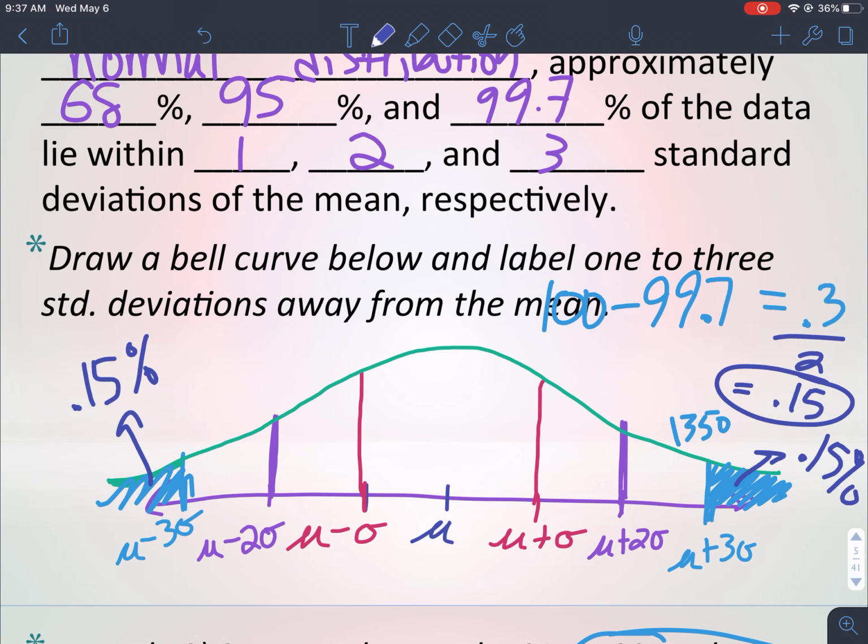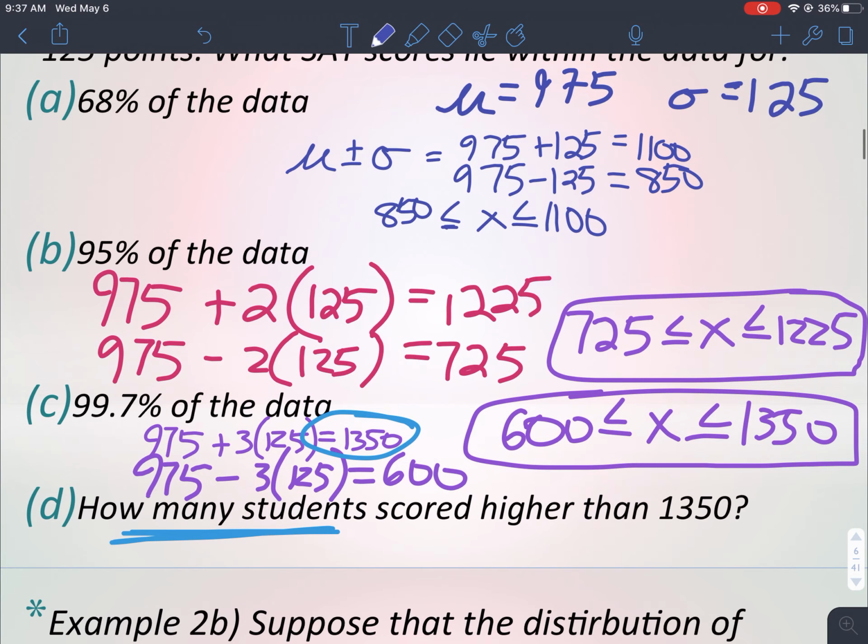Okay, now I'm going to take 0.15% and multiply it by the number of students who took the SAT. But I have to convert that 0.15 into a decimal.